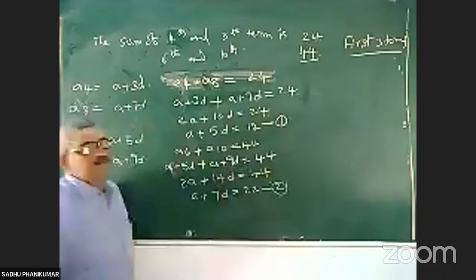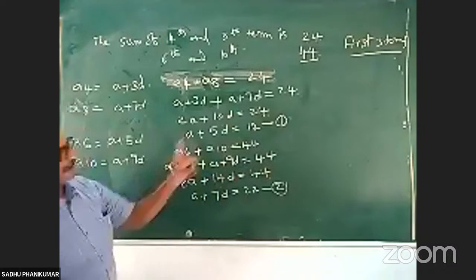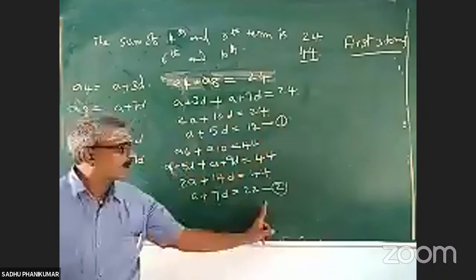Again, solving the equations of two variables. The first condition is A plus 5D is equal to 12. The second condition is A plus 7D is equal to 22.